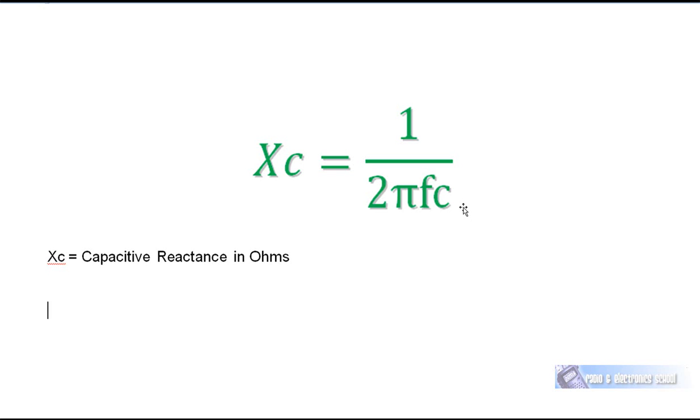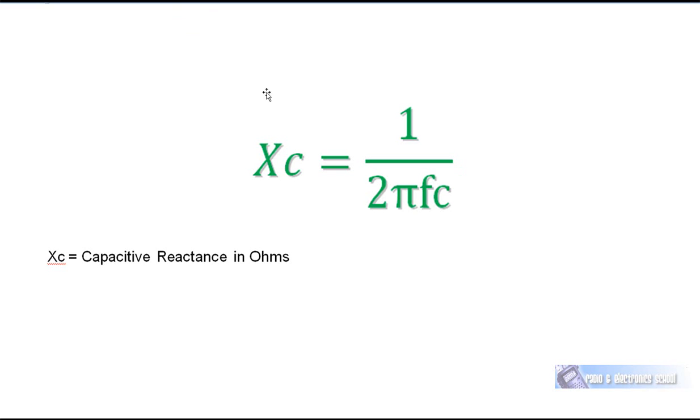When you increase the size of a denominator of a fraction, you reduce the size of the fraction. And since the fraction equals XC, that means if you increase the size of either F or C, you reduce the capacitive reactance. If you decrease the size of F or C, you increase the capacitive reactance.